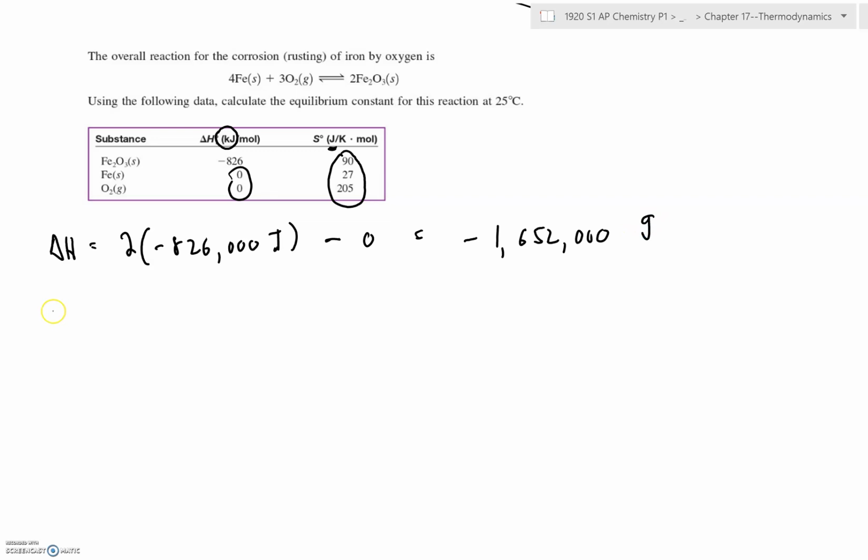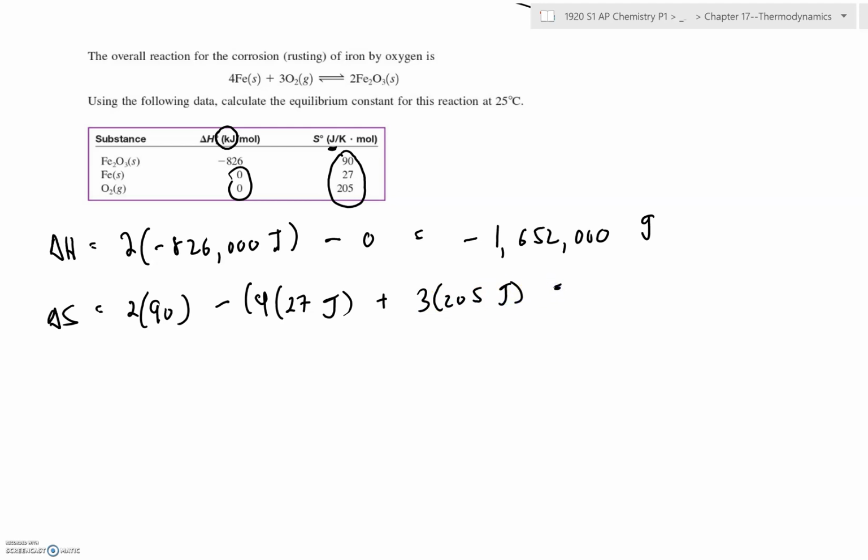Easy peasy. Delta S. Well, this one's a bit more complicated, but not that bad. We're going to have 2 times 90 joules minus the sum of the reactants. We have 4 times 27 joules plus 3 times 205 joules.